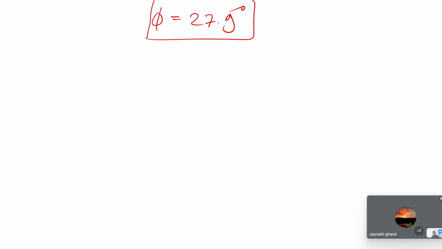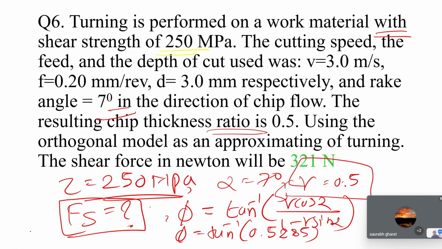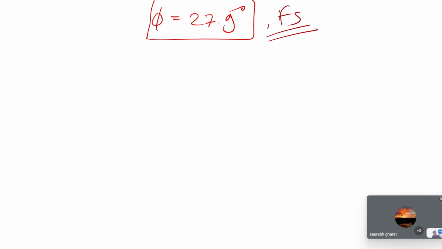They are asking for the shear force in Newton, so you need to find Fs. Now you got phi and you need to find the area of the shear plane.